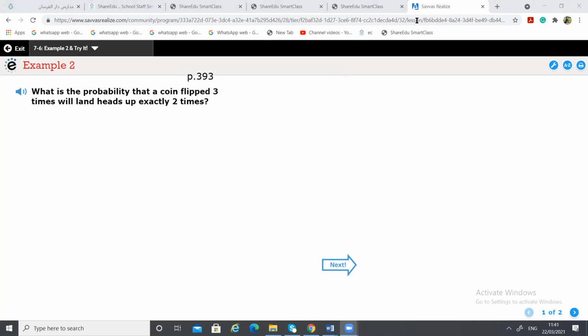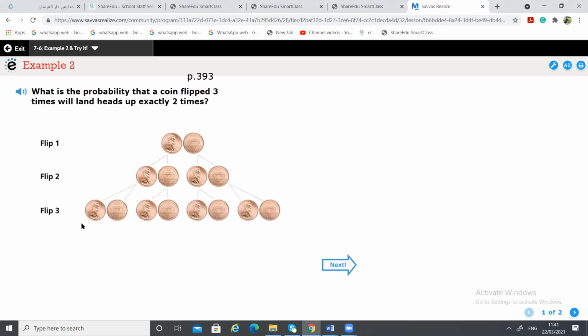Again, what is the probability that a coin flipped 3 times? You're flipping that 3 times. And what do you think? Can you get heads twice? Yes, you can get head twice and 3 times. Flip 1, I got head and tail. Flip 2, I got HT and TH. And finally, flip 3. With head, I get head and tail.